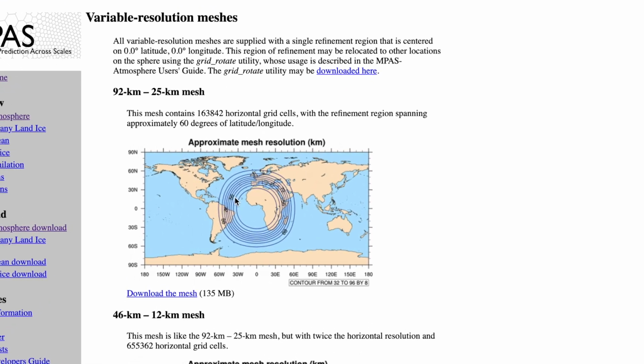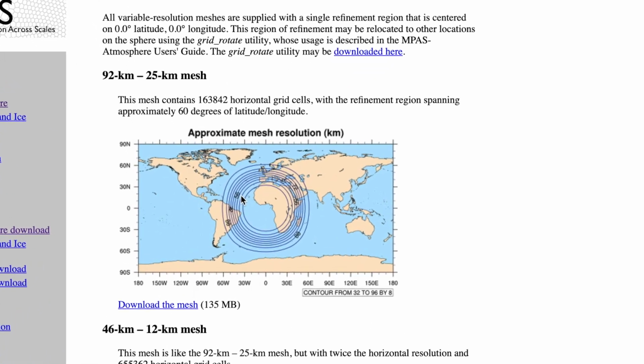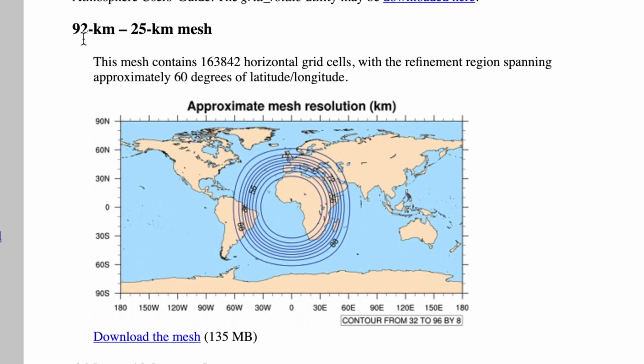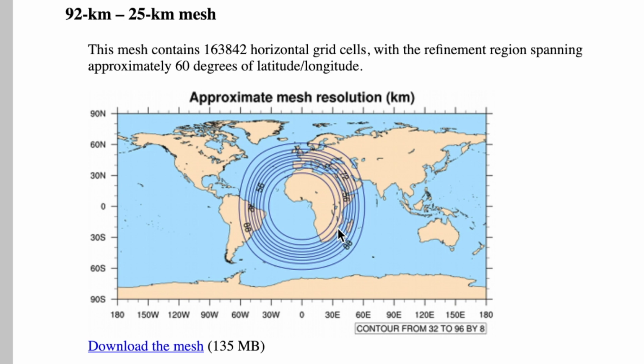And outside this region, the resolution gradually transits to lower resolution like this one, 92 kilometers. In this way, you get better prediction in your region of interest while not spending too much cost on other parts of the globe. This region of interest can be moved to other regions by a utility provided by CPAS.